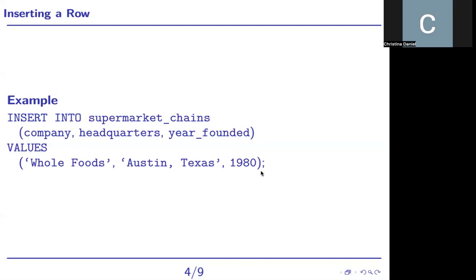Note that we have a semicolon at the end of our statement. The columns are surrounded by parentheses, and the data we want to add is surrounded by parentheses. And whenever we have a string, we use quotes. The integer does not have any quotes.